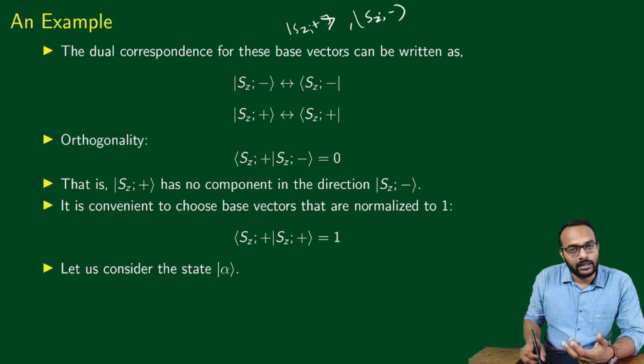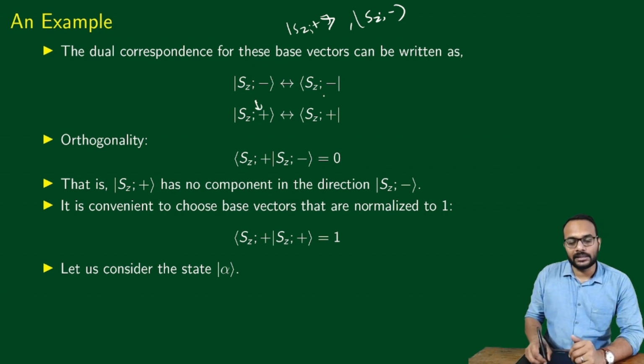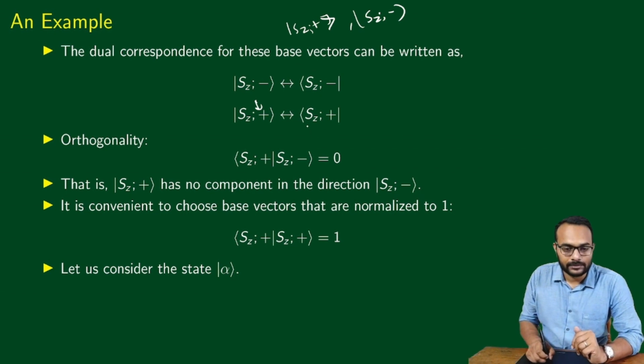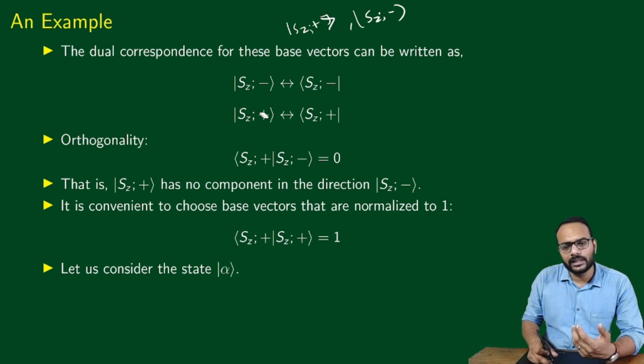We talked about a dual correspondence: corresponding to ket Sz minus there's a bra Sz minus, and corresponding to bra Sz minus there's a ket Sz minus. Similarly, corresponding to ket Sz plus you have a bra Sz plus, and we can talk about an orthogonality relation: the bracket of Sz plus with Sz minus is 0.